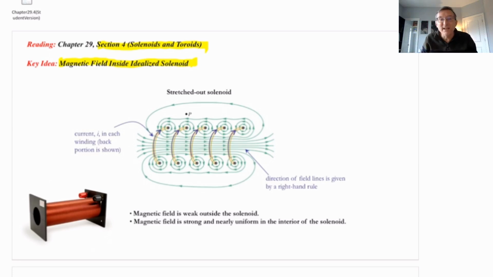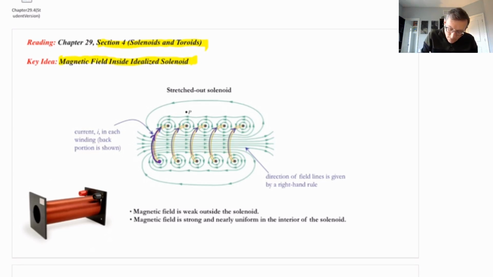All you're seeing here is a cross-section where you're seeing the back half of these five circles. For each circle, the current is going into the screen at the bottom, upward on the circular arc at the back, and then out of the screen at the top, and then going down at the front. So just imagine you've got current going around in a circle.